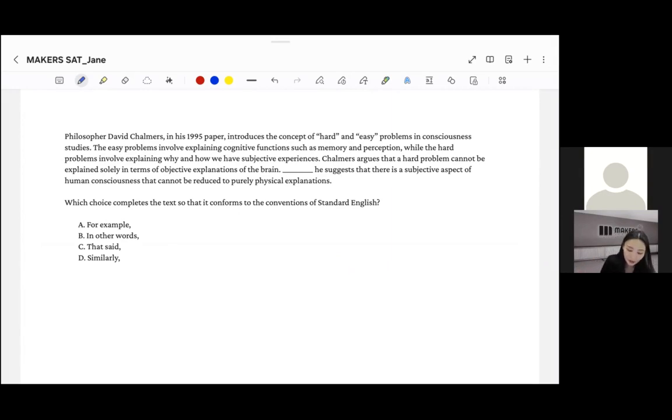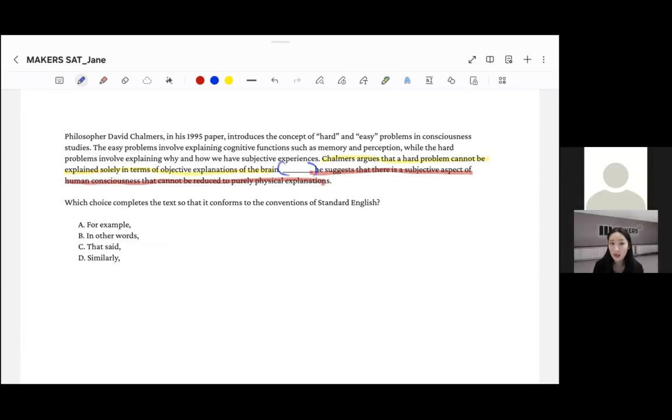So this one, he argues that hard problems cannot be explained solely in terms of objective explanation of the brain. And then the next one, he suggests that there is a subjective aspect of human consciousness that cannot be reduced to purely physical explanations. We have to identify the logical relationship of these two sentences to correctly identify what transition would best fit in the blank.